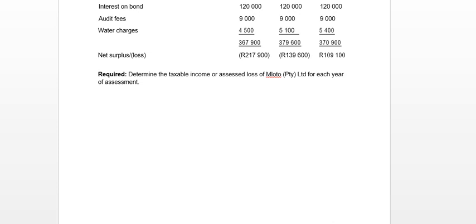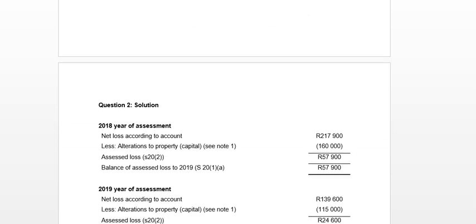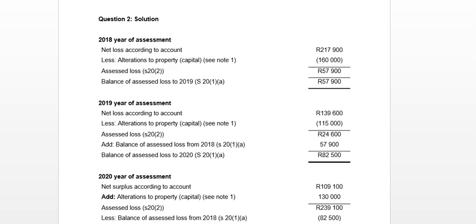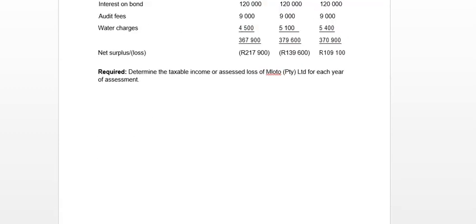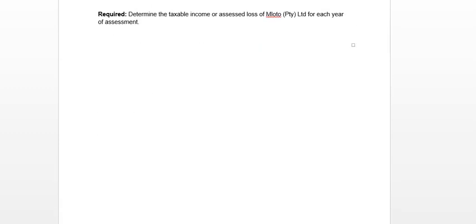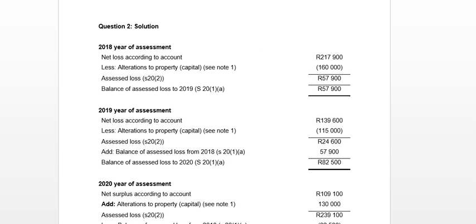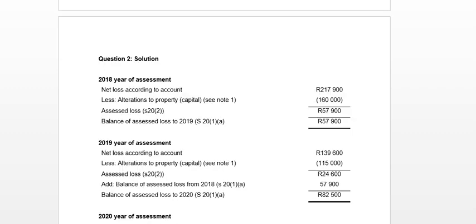So what is required from us? Determine the taxable income or assessed loss of Mloto Pty for each year of assessment, 2018, 19, and 20. So our net loss according to our account is 217,900. That's from there, right? It's your income minus your expenditure. Less alterations to property.